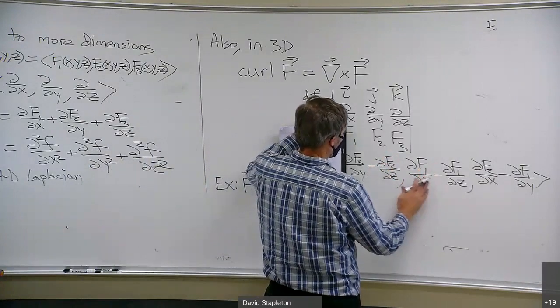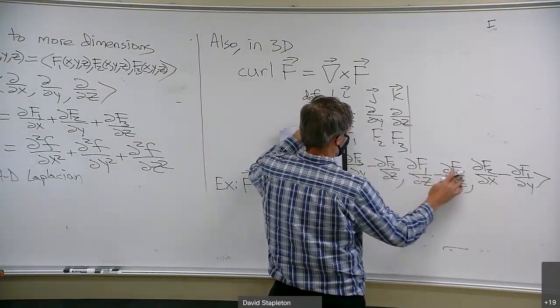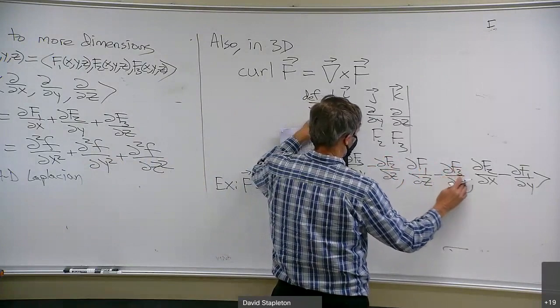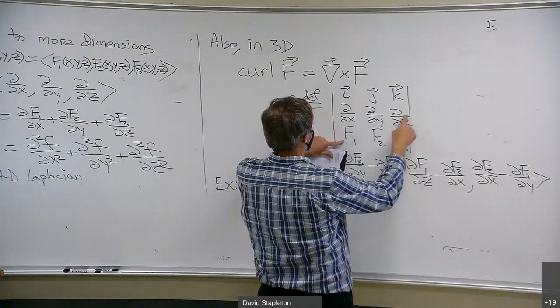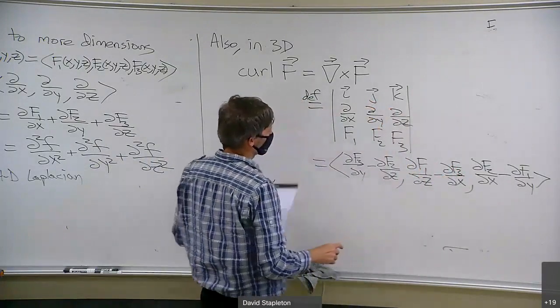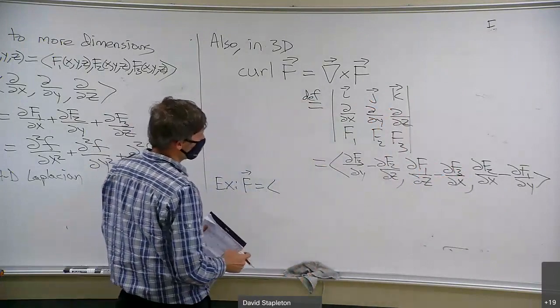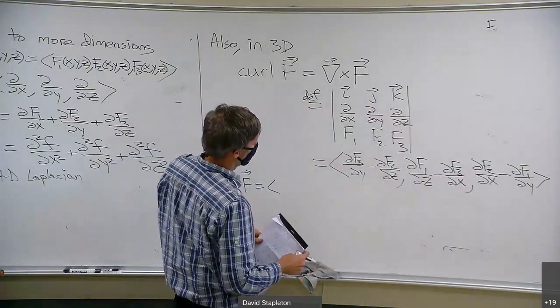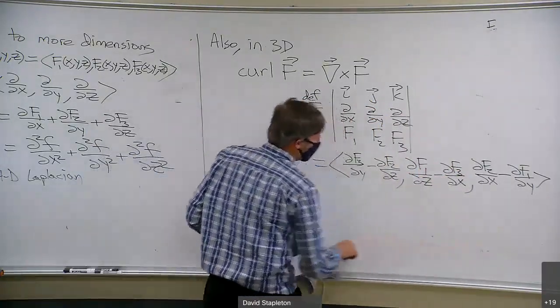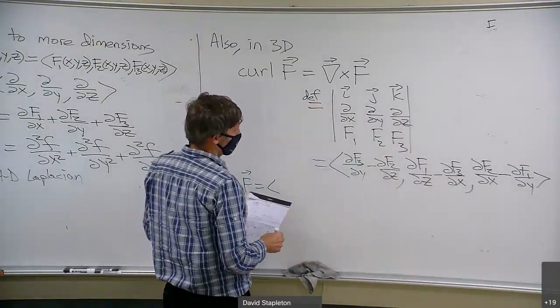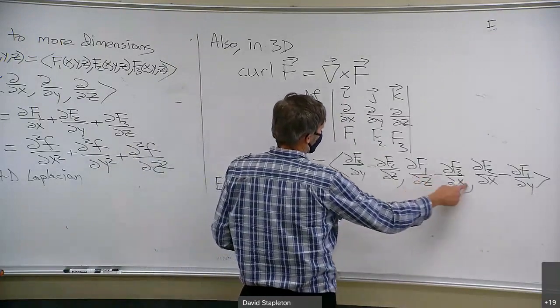I didn't pay enough attention. df1 dz minus df3 dx. Yeah, thank you. Minus this on this, and then minus the whole thing, yeah. It's 3, 1 minus 1, 3, yeah.